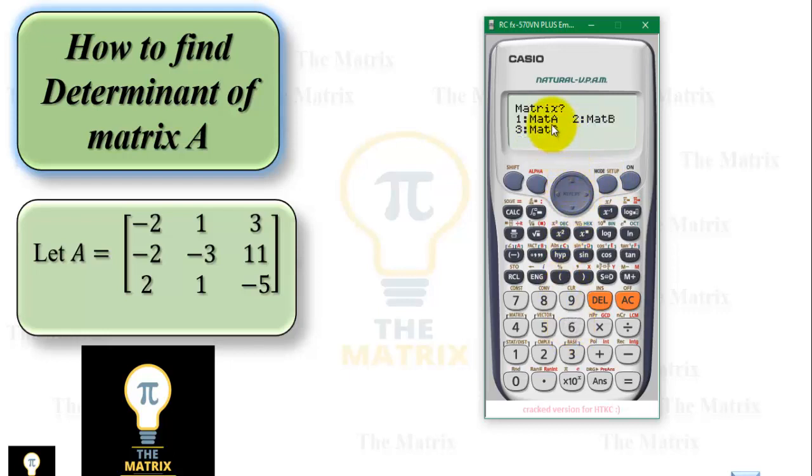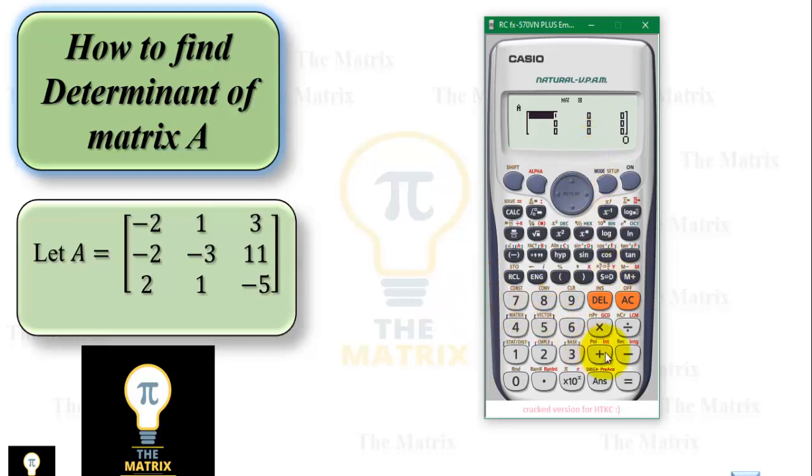Now we want to put matrix 1, that is Mat A. So we will click on 1. It will ask us for the order of the matrix. You can put different orders. Here we want 3 by 3. It is at number 1, so we will click 1. Now here is the format of the matrix where we can put the elements.